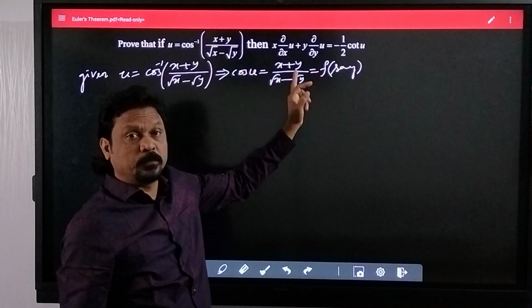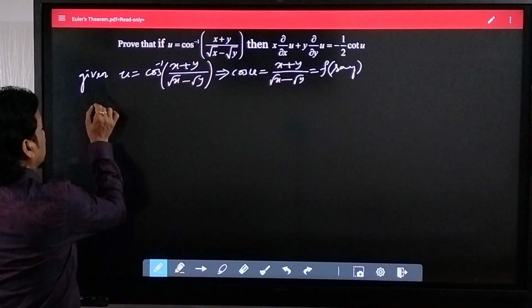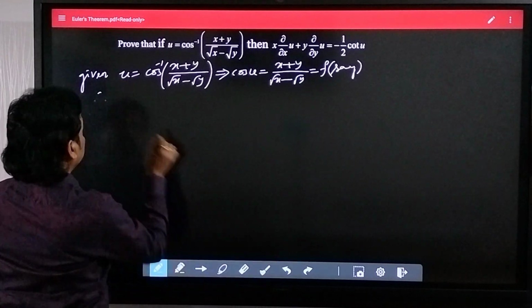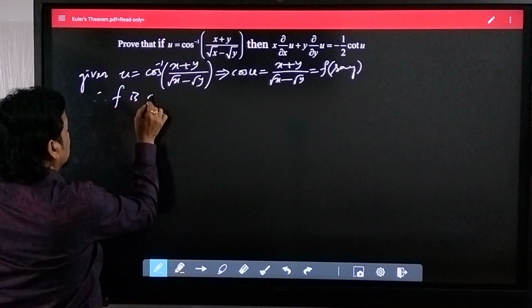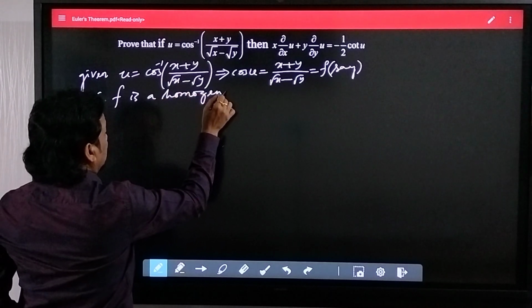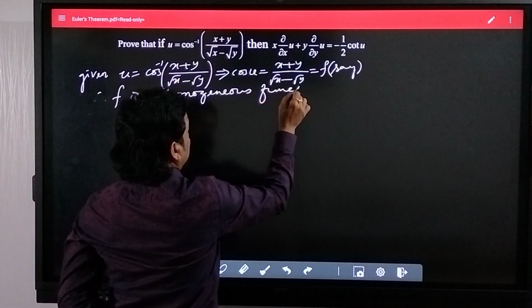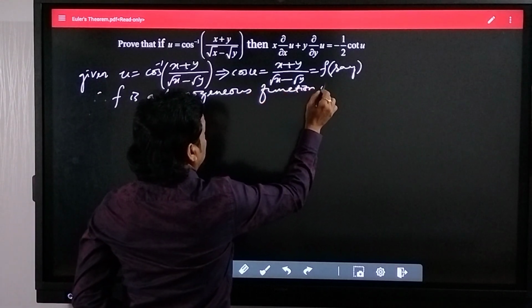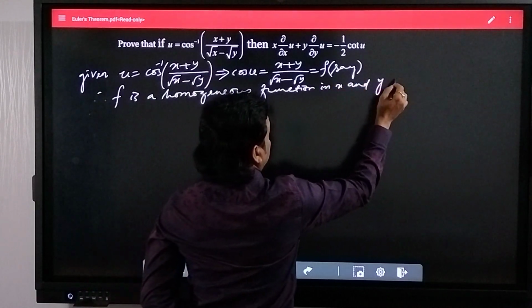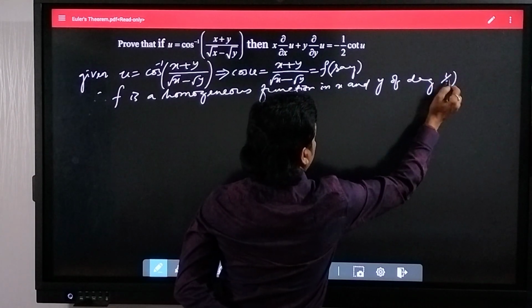That means f is a homogeneous function in x and y of degree 1 by 2.